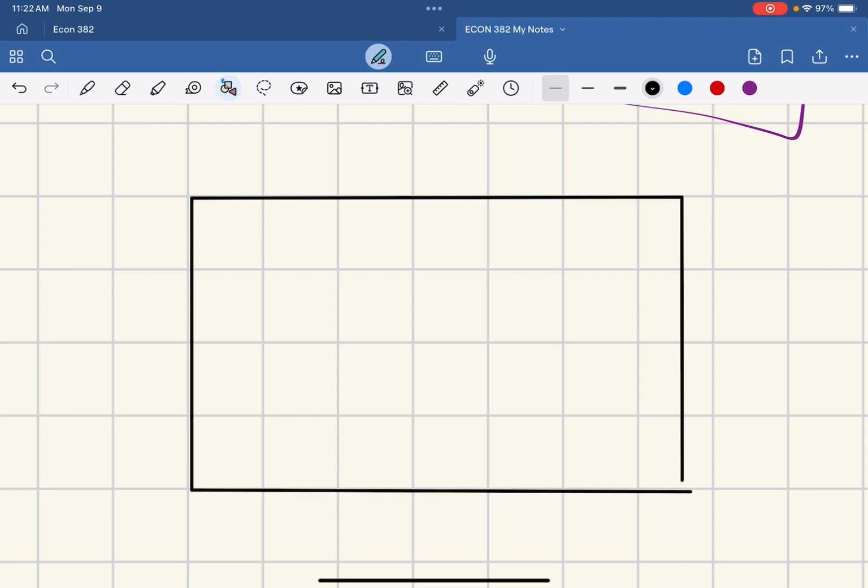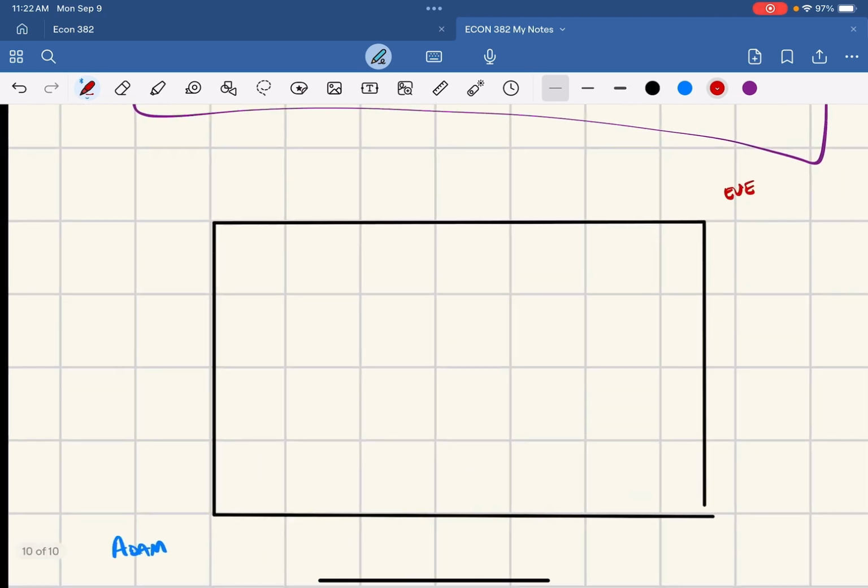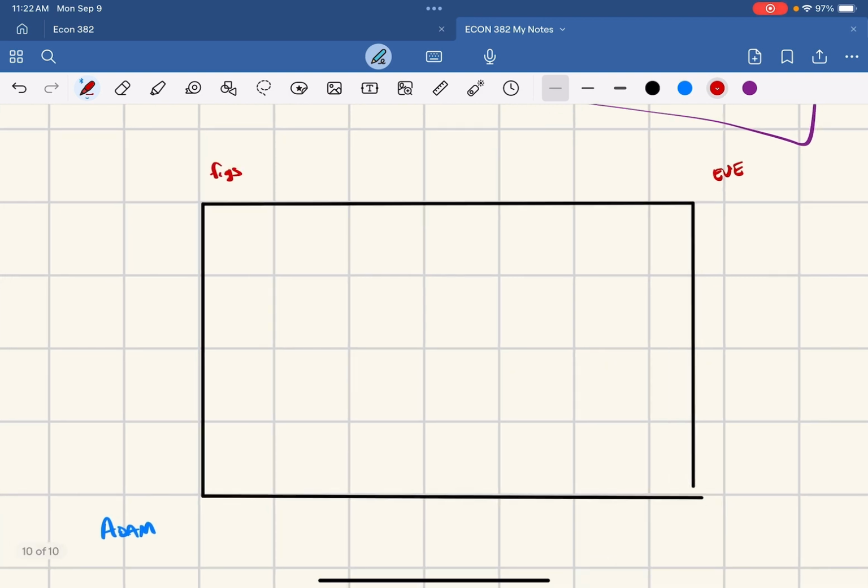So if I draw the box here, and I draw Adam over here, and Eve over here, and then I call this amount here the number of figs that Eve consumes, and the amount over here the number of figs that Adam consumes.